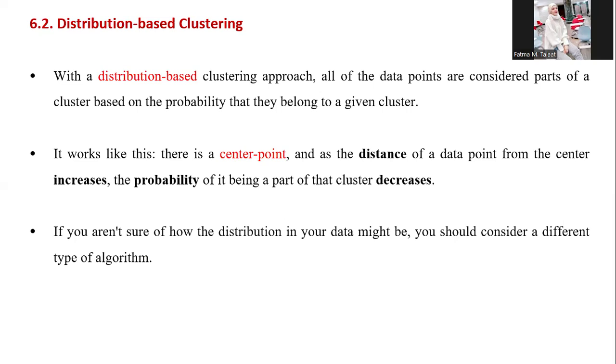There is a center point, and the distance of a data point from the center increases the probability of its being a part of the cluster. Meaning the more the distance between the center point and the data point I want to check grows, the lower the probability that it belongs to this cluster. So it depends on distance or on distribution, which is why it's called distribution based clustering.